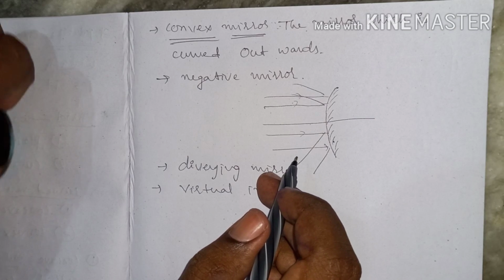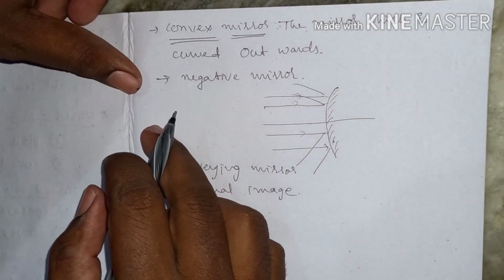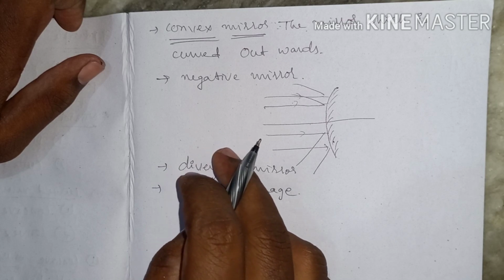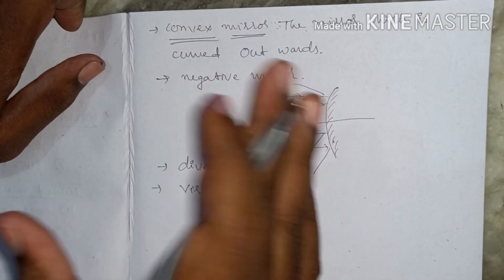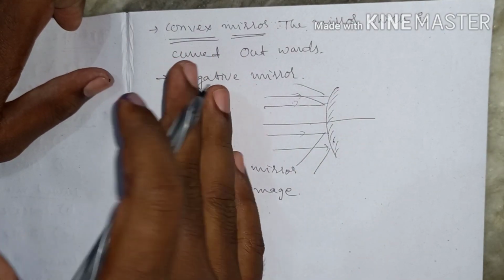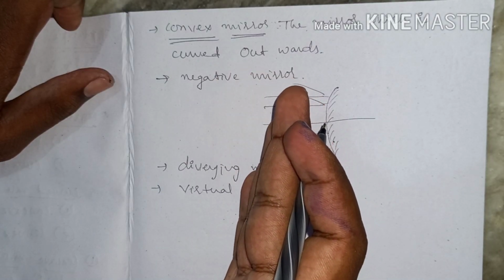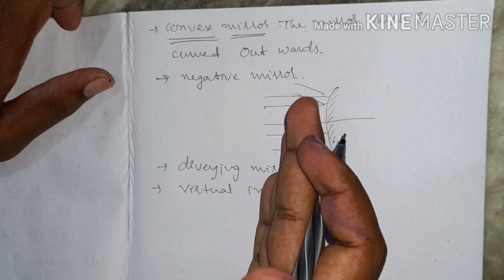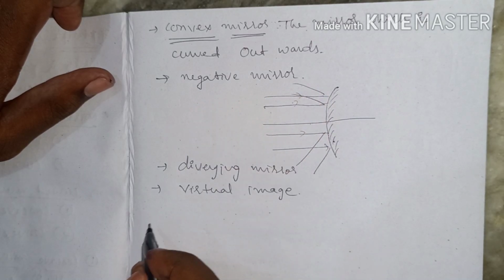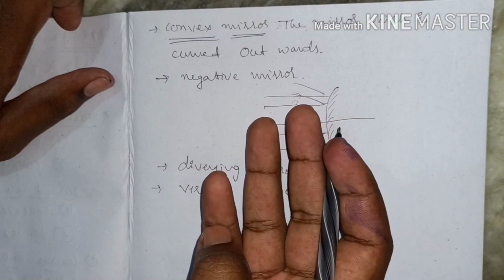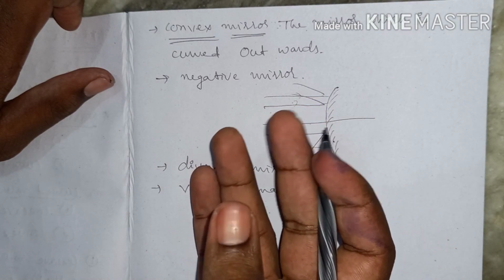So we already studied the concave mirror and convex mirror. The mirror or reflecting surface curved inwards we call a concave mirror. The mirror or reflecting surface curved outwards we call a convex mirror. Previously we discussed center of curvature, pole, and principal axis.